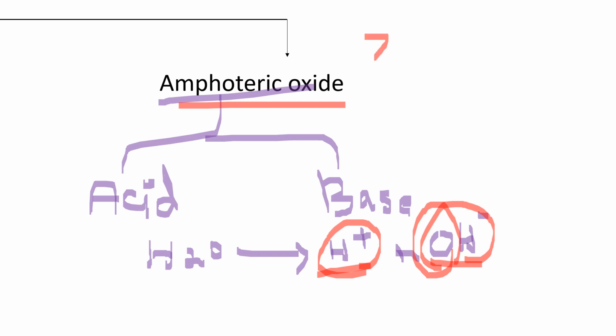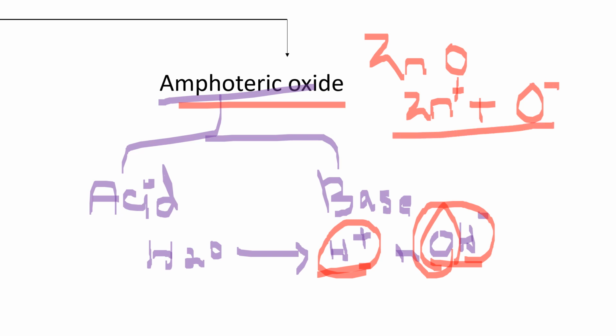Apart from that, zinc oxide. It will produce zinc plus and oxygen minus. Amphoteric. Both characters. Now this is how it works.